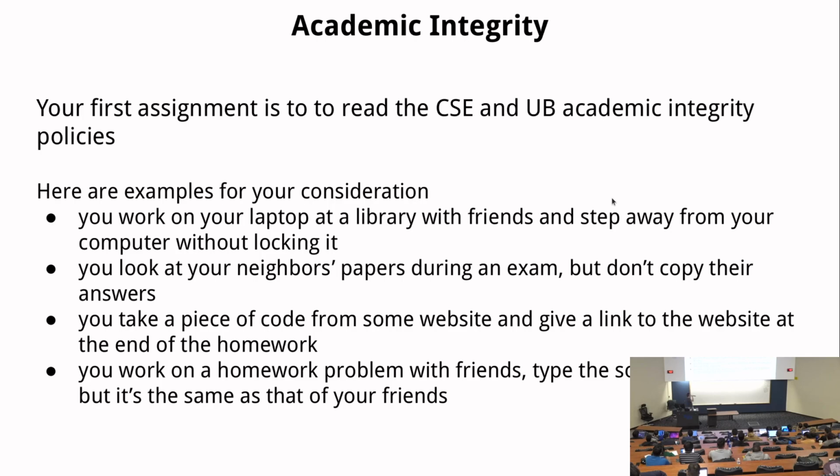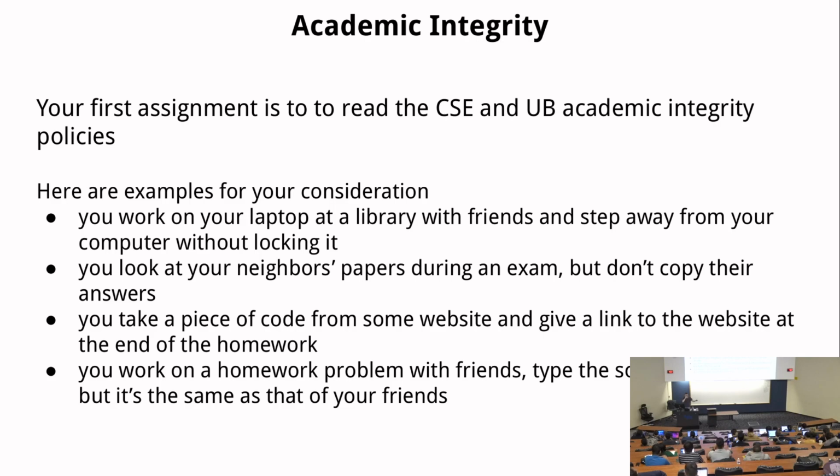First off, academic integrity. Before we talk about any technical things, your first assignment is to get yourself familiar with the UB and also our department's academic integrity policies. We already put a quiz on the UB Learns website, and everyone has to finish it in the first 2 weeks.